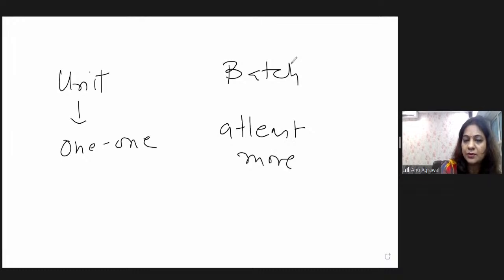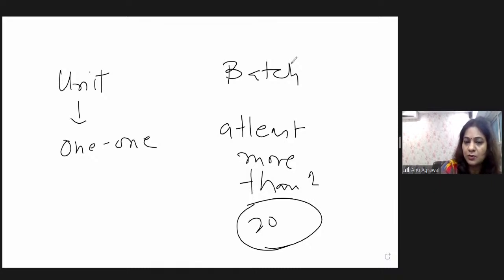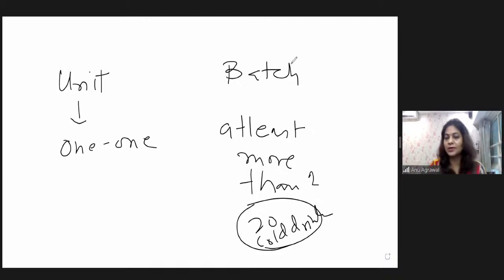Let me put it like this. So it's a batch of, let's say, 20 cold drink bottles being produced together. So you say the work is being done in a batch, right? That's all we need to know as far as unit and batch costing is concerned. Right? Okay.